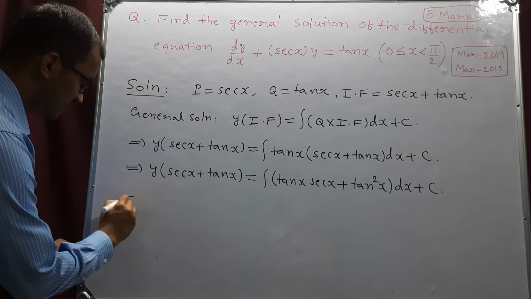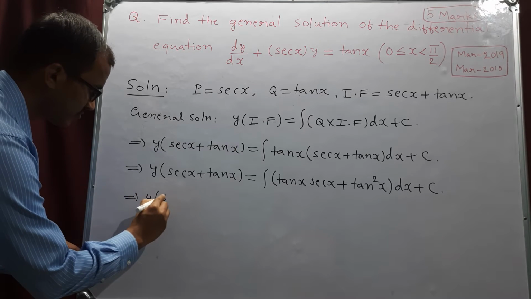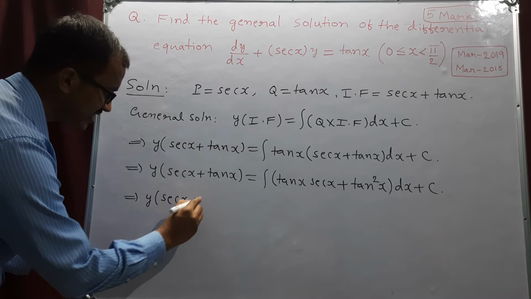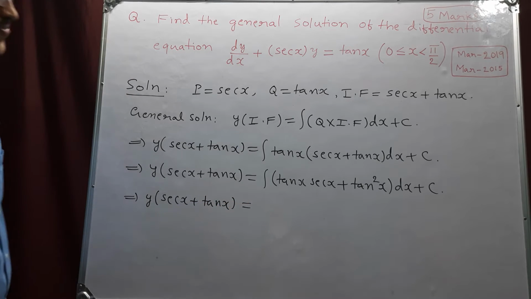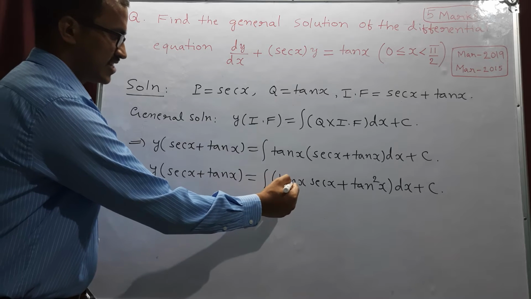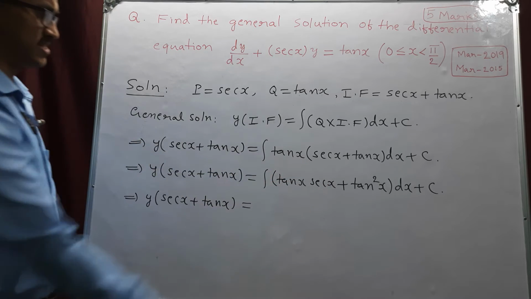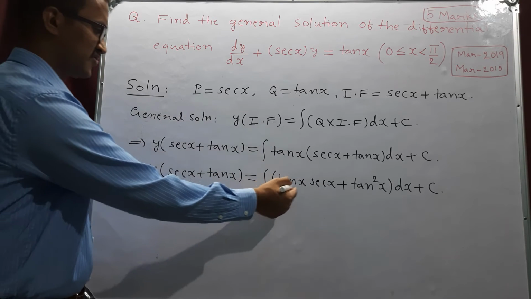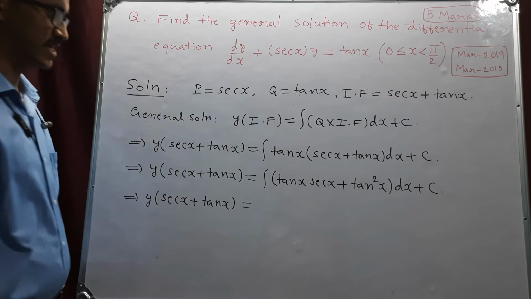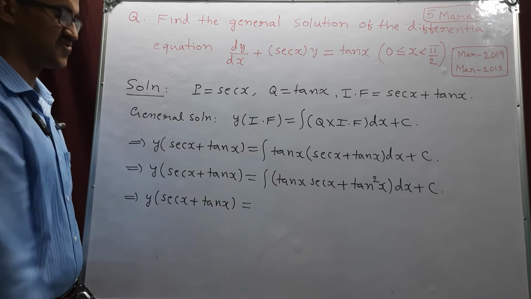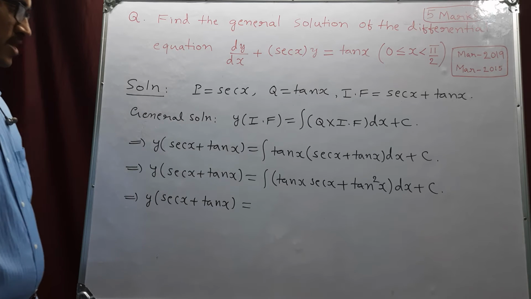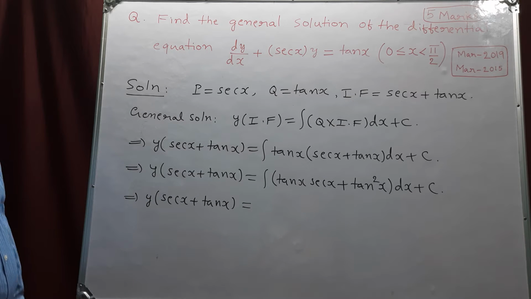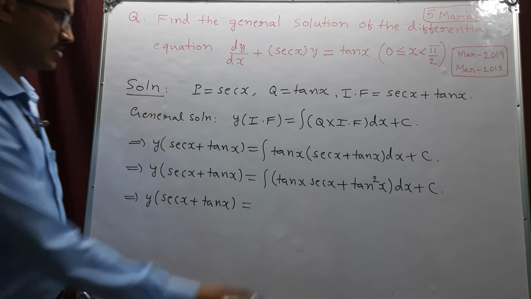So y into secant x plus tan x is equal to, first, integration of tan x secant x. We know that the integration of tan x secant x is secant x, because the differentiation of secant x is secant x tan x. Integration and differentiation are inverse processes.